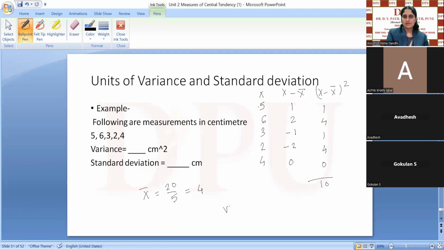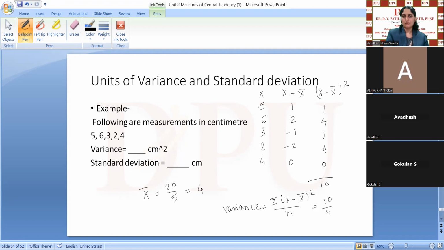So your variance is summation of x minus x bar square divided by n, that is 10 by 4. Have I done any mistake? 5 plus 6 is 11, 11 plus 3 is 14, 15, 16, 17, 18, 19, 20. 20 by 5 is 4.